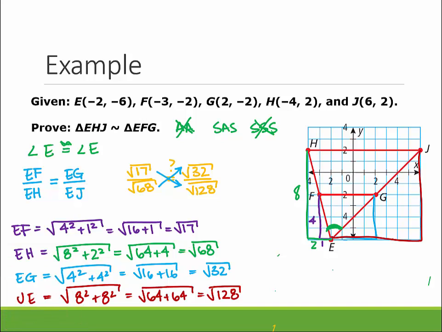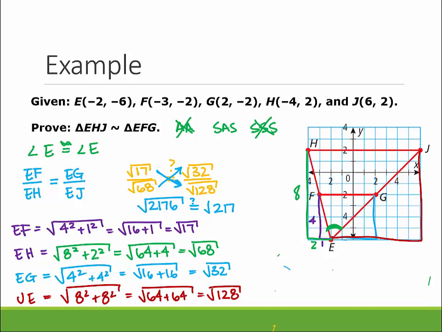So remember, when you multiply numbers that are inside square roots, you can just multiply the numbers together inside of the square root. So this one here, 17 times 128, gives me the square root of 2,176. And I want to know if that's equal to 68 times 32.